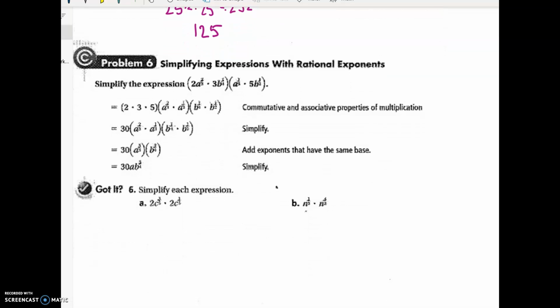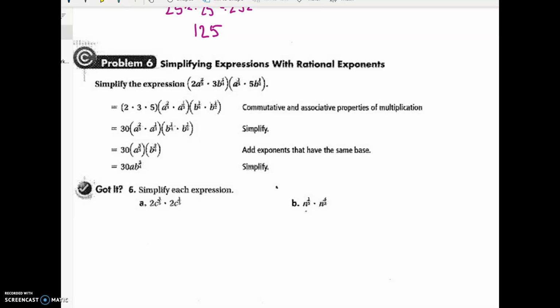The last example here, example 6, we are simplifying with rational exponents. So what we want to do is use the commutative and associative properties again to rewrite the expression to combine the like bases together.